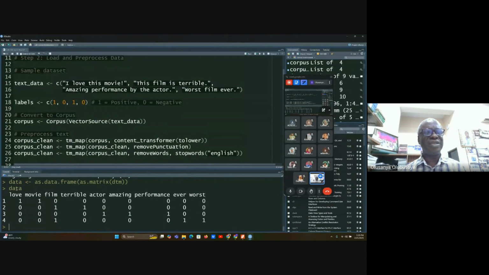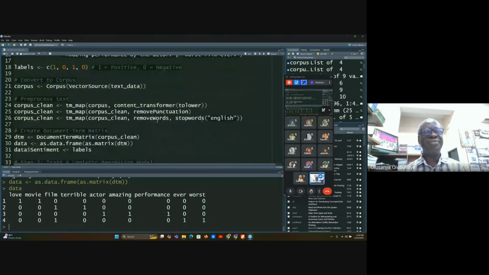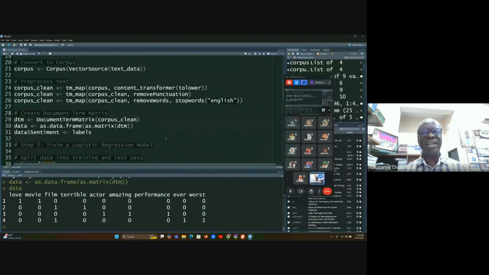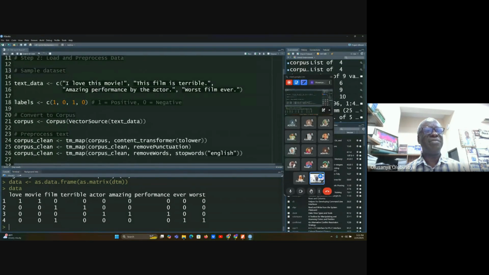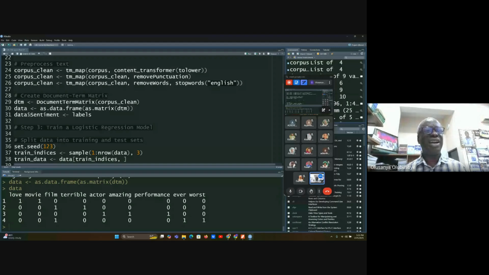So this is the data, but we have not yet included the sentiment label. So we need to include it in the data. And that's what line 31 will help us to achieve. So we need to run line 31.